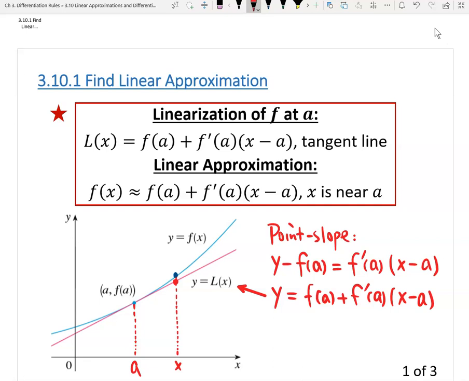Can you see these two points are very close to each other? Therefore, we can use the red one, which is L(x), to approximate the green one, the height. Let me show you what the height is. The height is just like this. How high is this one? I draw a little bit like this, I get up a little bit.